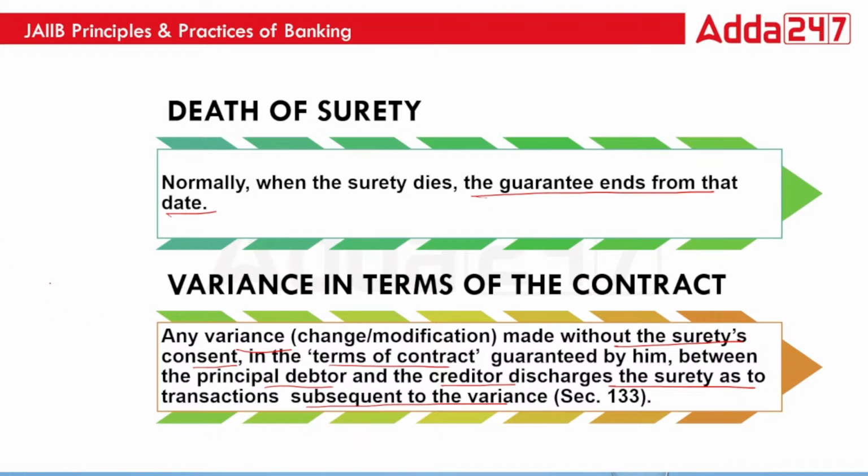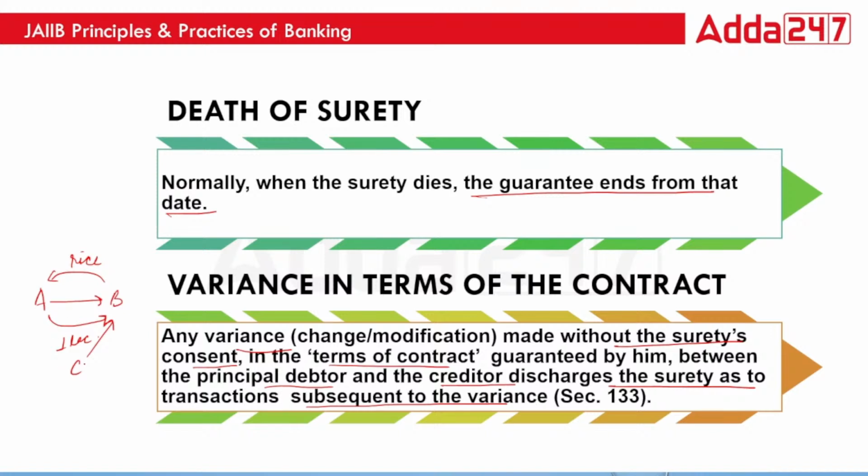There was a contract between A and B for delivering, say, rice. B will deliver rice to A, and for that rice A has to make a payment of rupees 1 lakh. C had given a guarantee for this transaction.